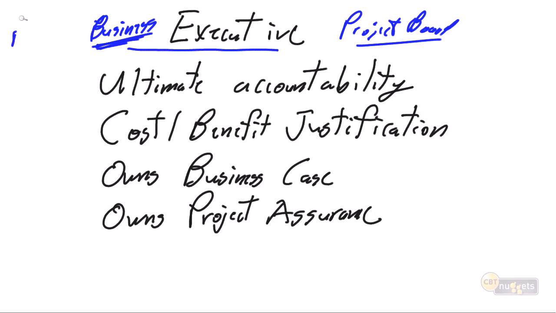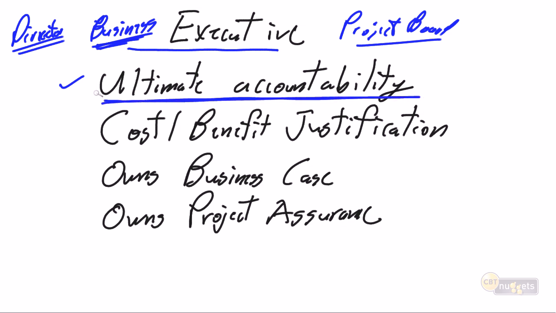And again, to pick a title, I would suggest typically our business executive is going to be at a director level. But again, I realize different organizations use different roles and responsibilities in their organizational hierarchy differently. But again, it's going to be a senior business executive who's going to take ultimate accountability for the project. So my senior user is responsible for the assurance of the acceptance into the business area.